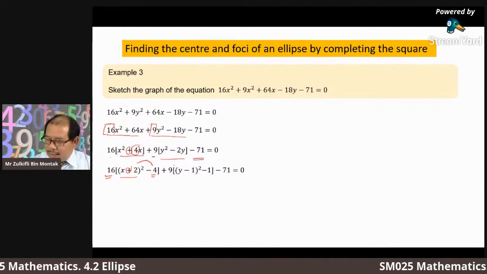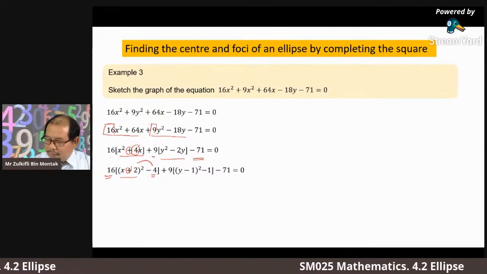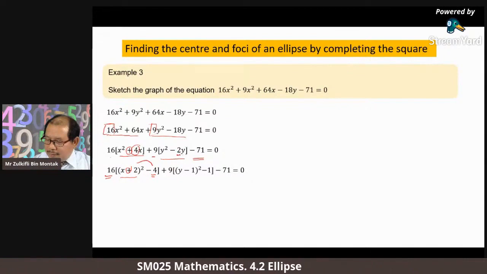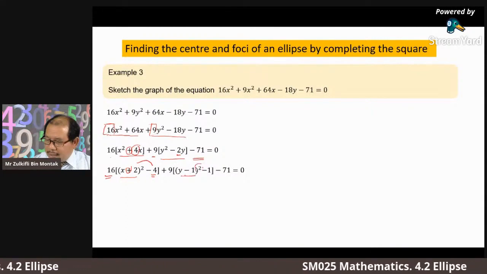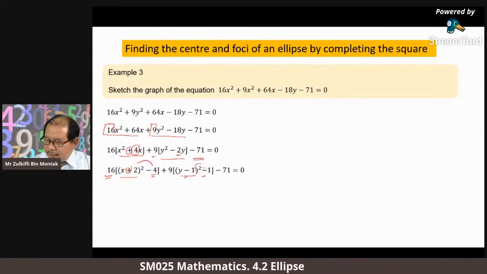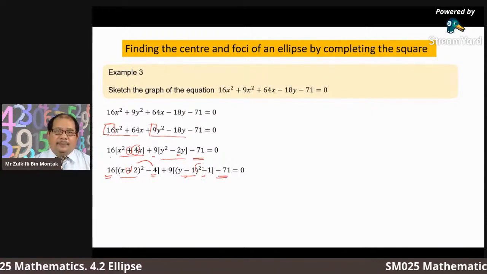Similarly for y, the coefficient for y is 2, you divide by 2, you get 1. So (y minus 1) squared, and then minus 1 squared, which is 1. And then minus 71.